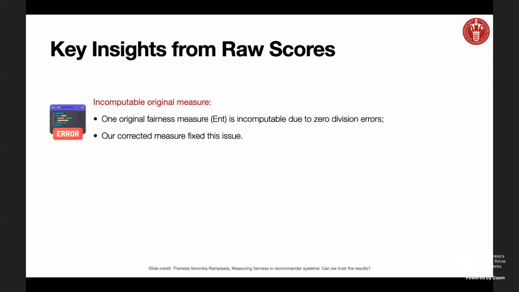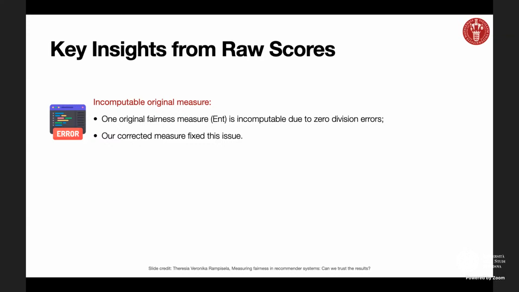The first experiment we did was to compute all the scores of these measures across different models and look at the scores. What turned out is that some measures cannot even be computed in time. Entropy, for example, is defined for fairness as a result of many divisions by 0.